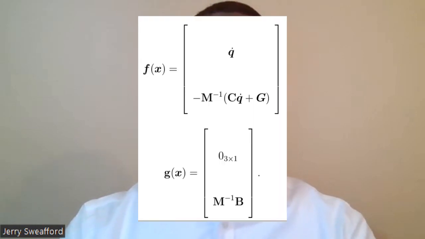Here, state X includes joint positions and velocities, and X minus and X plus denote pre and post-impact states respectively. F of X and G of X are defined here. The impact surface S is defined as a pre-impact state at which the stance leg angle is equal to the pre-specified maximum stance leg angle.